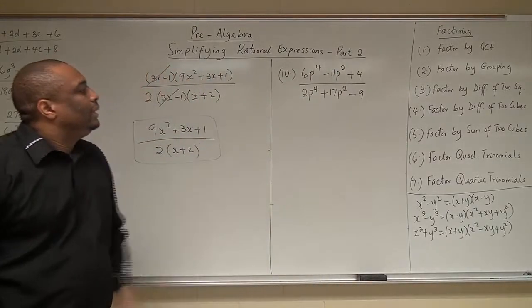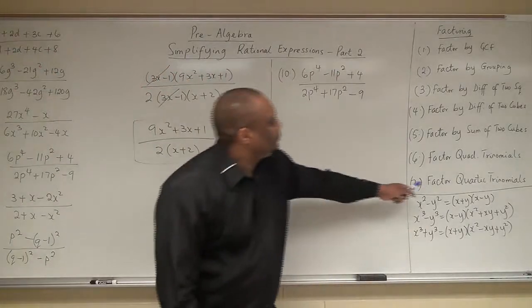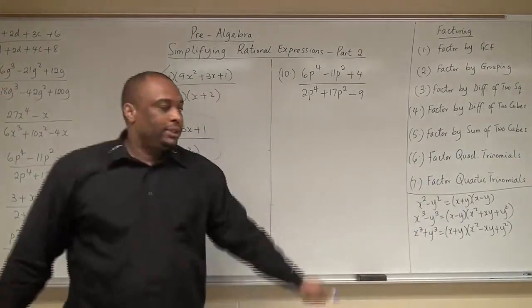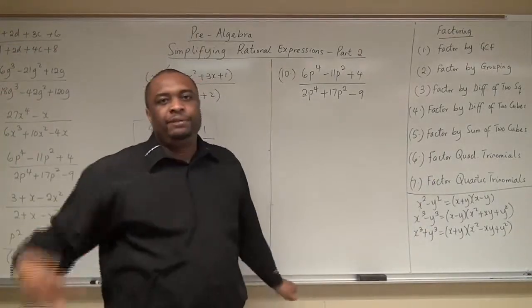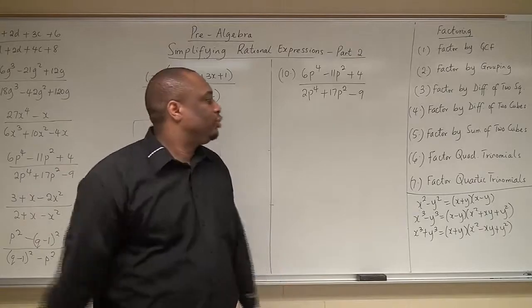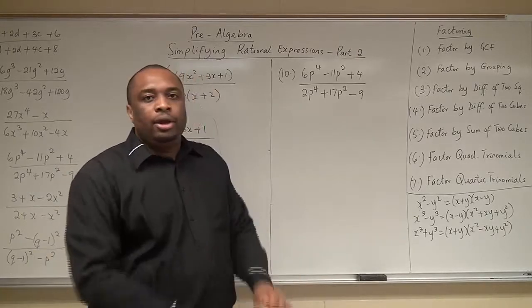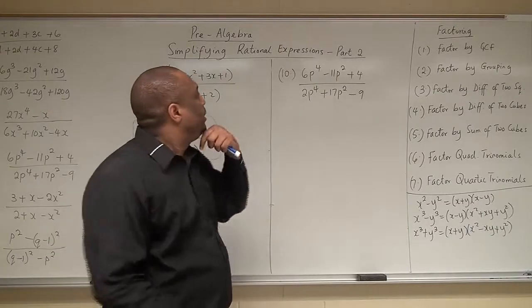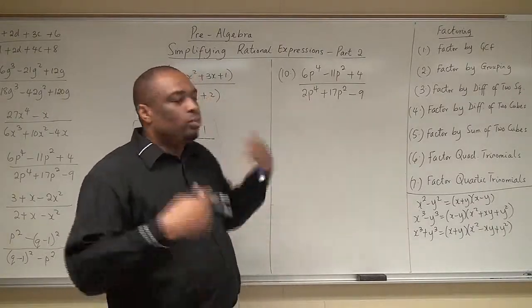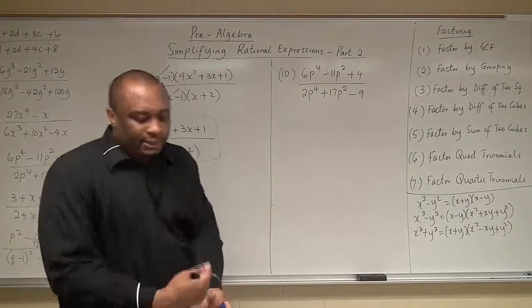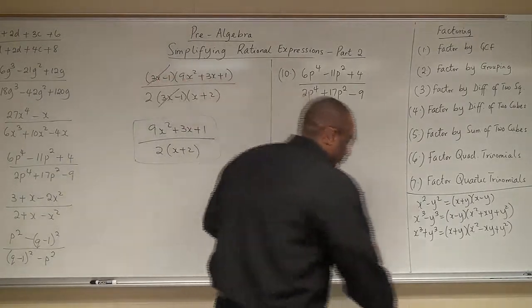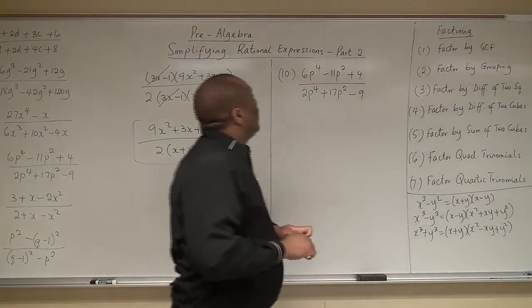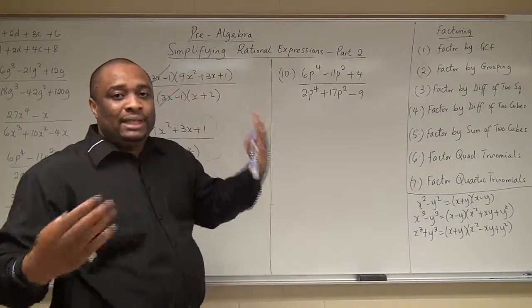Okay, this is the number 7, quartic trinomials. Please view the video I did on that. Quartic trinomials. Okay, so what we got now, we still do it the same way. So the numerator is quartic trinomial, the denominator is quartic trinomial. So we do it the same way.